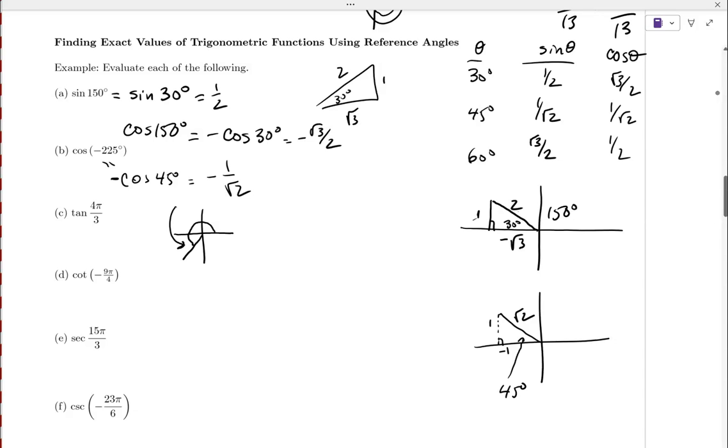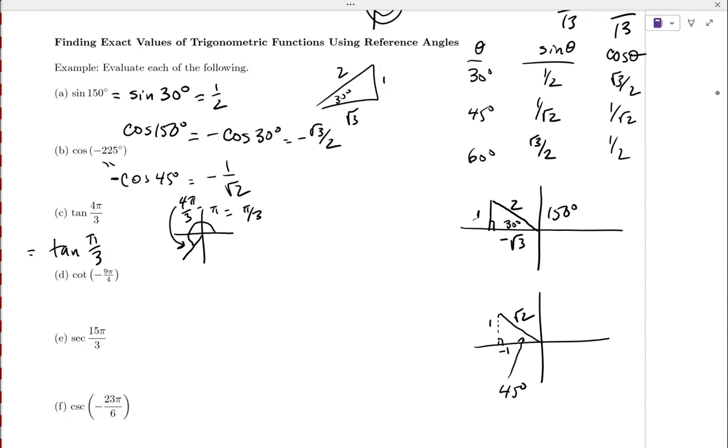Subtract the pi, right? When you take 4 pi over 3 and subtract pi, you just get pi over 3, right? Agreed? Okay. So we know that the tangent of 4 pi over 3 is either going to be plus or minus the tangent of pi over 3.